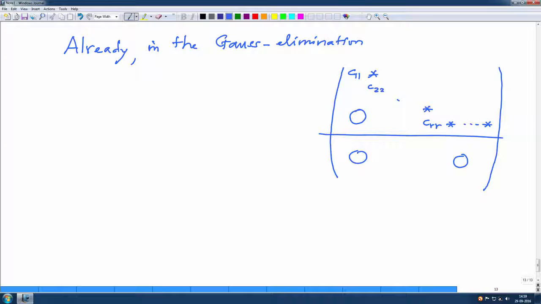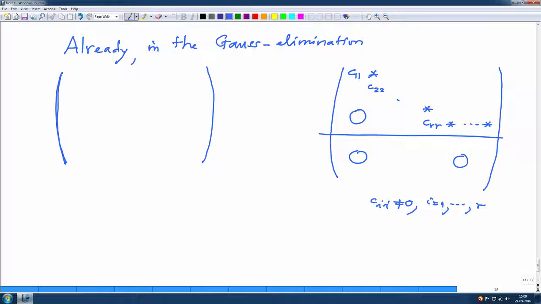And how did we get this? So we had the original matrix here, where c_ii are non-zero for i is 1 to r. So what did we do first? We first found a top entry which is non-zero.